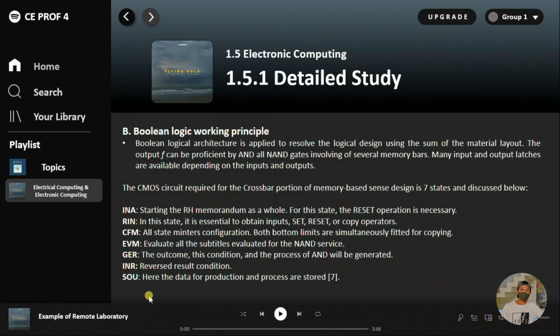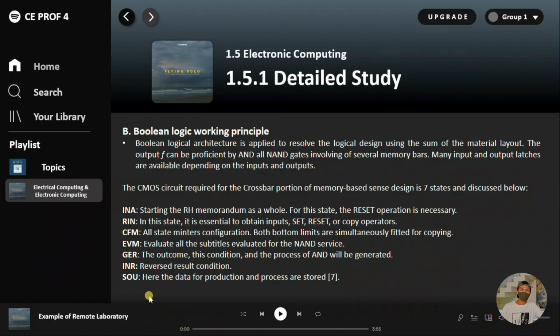For this state, the reset operation is necessary. The next one is the RIN. In this state, it is essential to obtain inputs, reset, or copy operators. The CFM, all state memristors configuration. So both bottom limits are simultaneously fitted or copying.